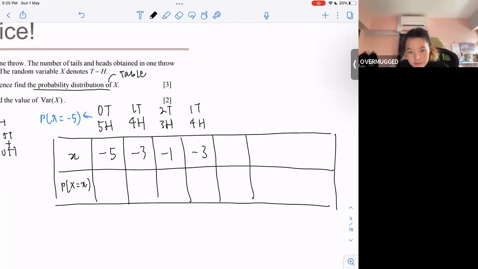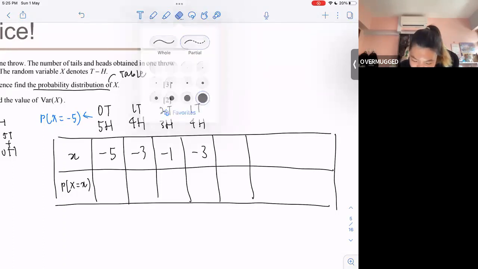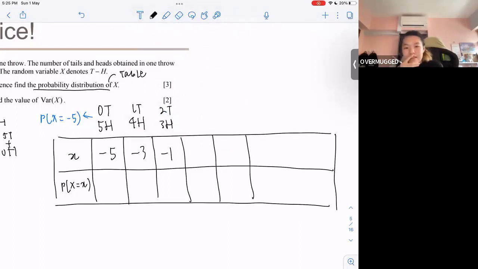Oh, sorry, I already put in the minus 3 over here at the second box. So again, now we have 0 tails, 5 heads; 1 tail, 4 heads; 2 tails, 3 heads.